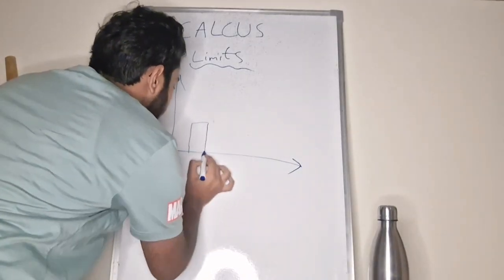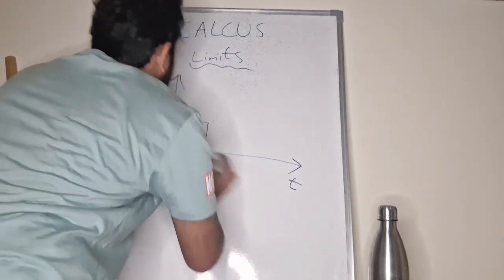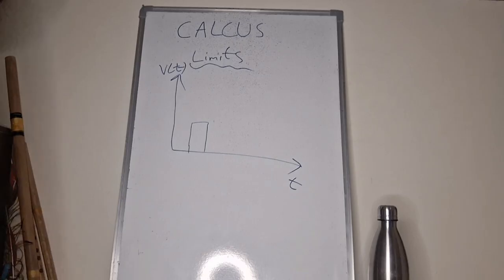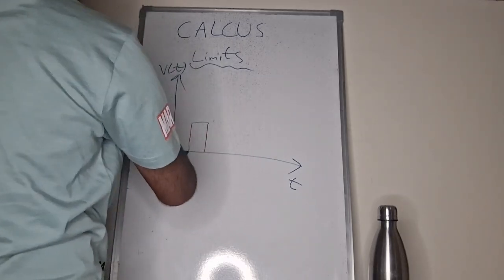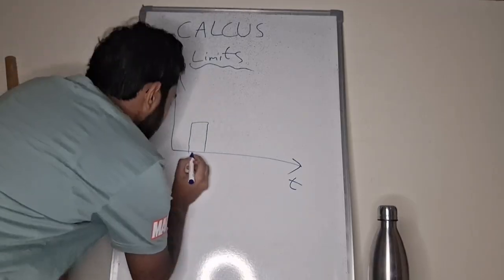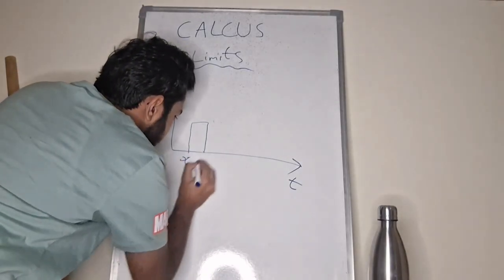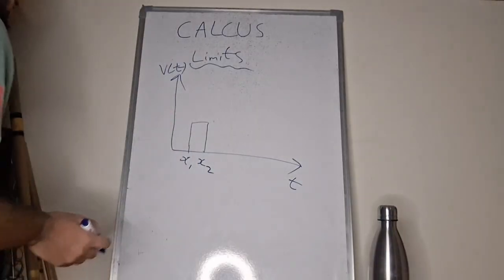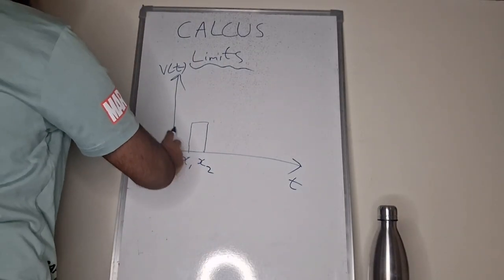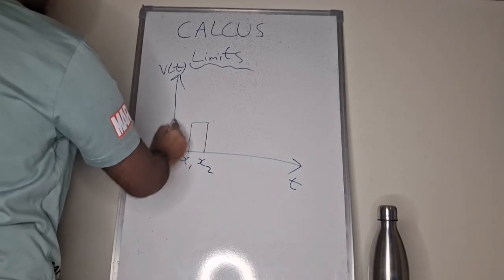Let's say this is a time and velocity graph, velocity-time graph. This is the time, x1, x2. So for this point of time, the velocity is constant because you see the y-axis is not changing.